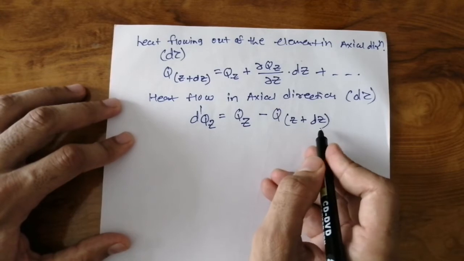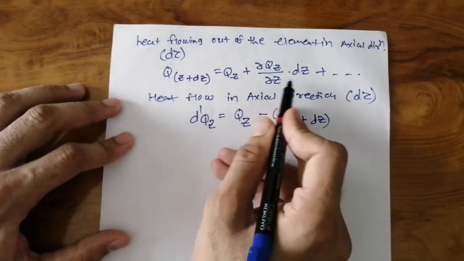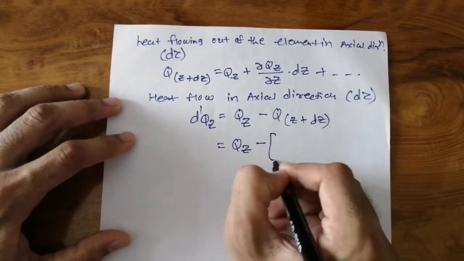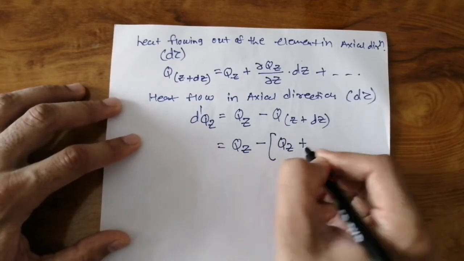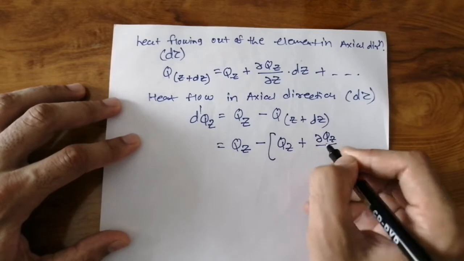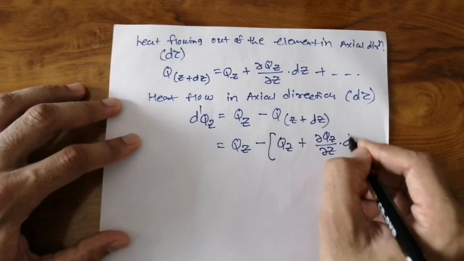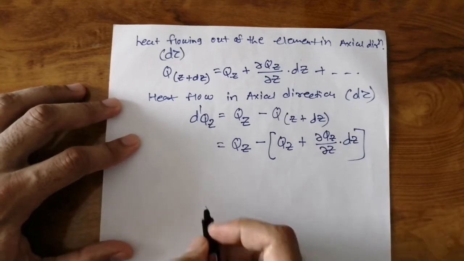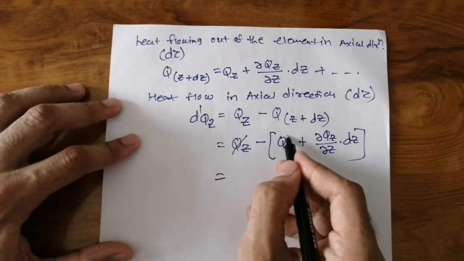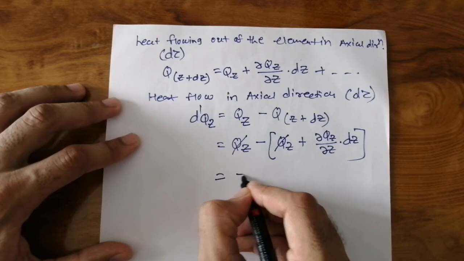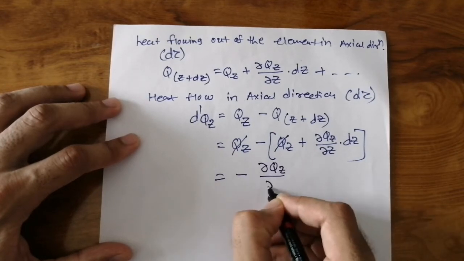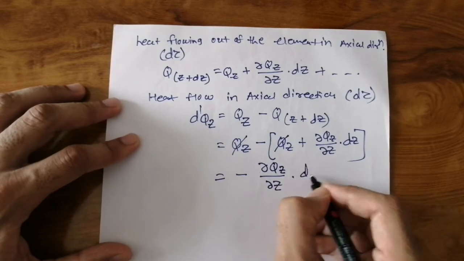According to Taylor expansion, qz minus, inside the bracket, qz plus del qz by del z into dz. We neglect the higher terms and separate out the bracket, so qz cancels out, leaving minus del qz by del z into dz.